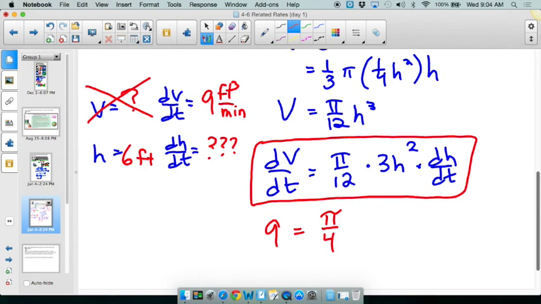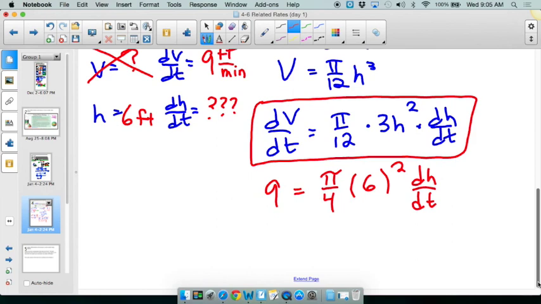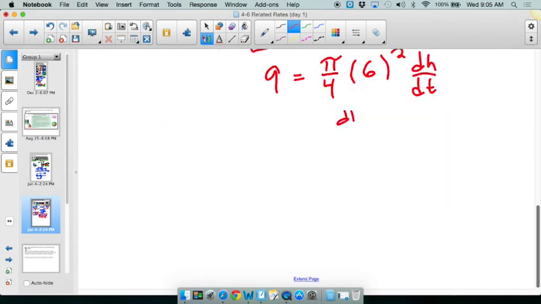How much is our h? 6 squared, times dh/dt. So how much is our rate of change of height? Would anyone believe that?